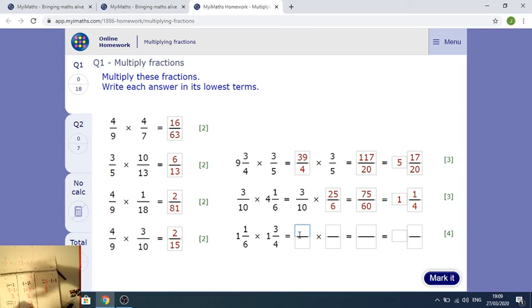And then the very last one with two mixed numbers, we converted the mixed numbers to 7 over 6 times 7 over 4. We multiplied them out to get 49 over 24, and then we tidied that up to make it into 2 and 1 over 24.